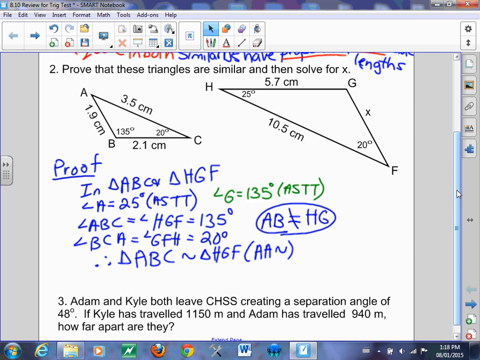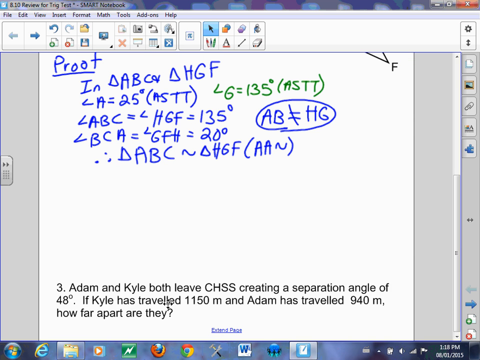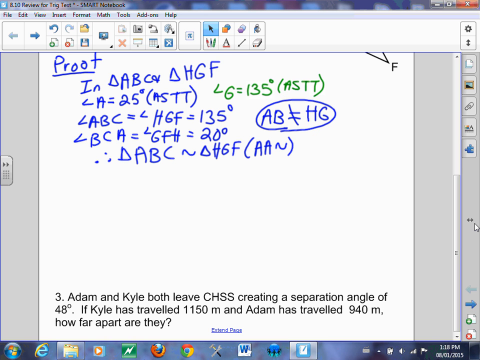Now to solve for x, folks, I didn't leave enough room, so hopefully this warm-up you can fit stuff in. If you printed this off, just hopefully you can get a little bit more room on it. Let me see if I can move this down a bit. Sorry about that. All right, so now we've got to solve for side x. So if I go back, ladies and gentlemen, I can look at the triangle, or I can just use my ending statement here.